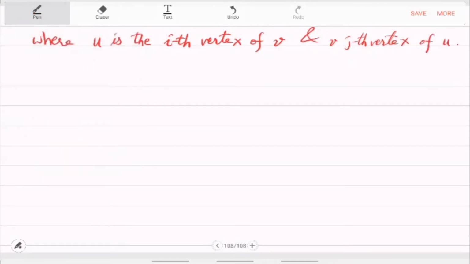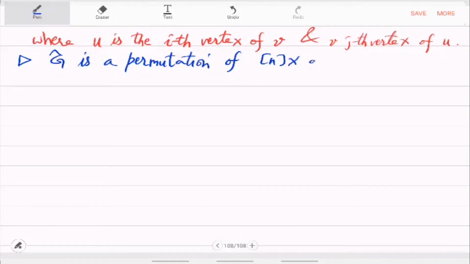Now note that G hat is a permutation on n cross d.